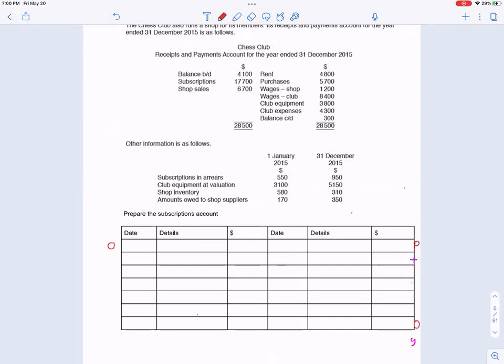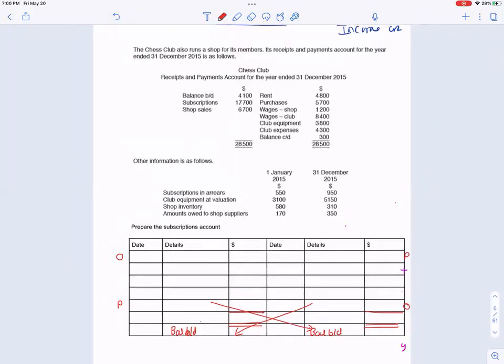It is up to you whether you write it or not. I get confused, so I write it. And then I put these two lines also to know that this is my total line. And again, I write over here balance brought down, and balance brought down, here and here.